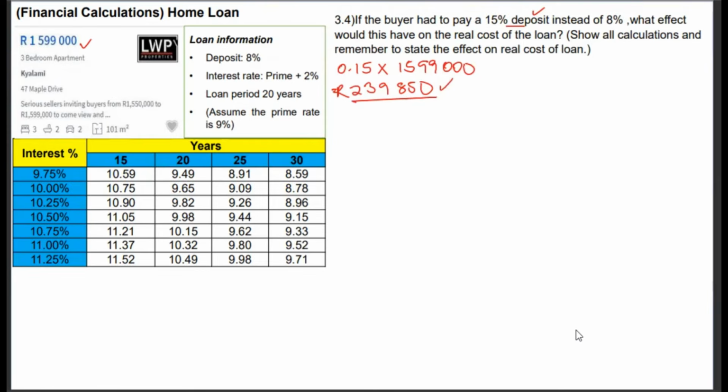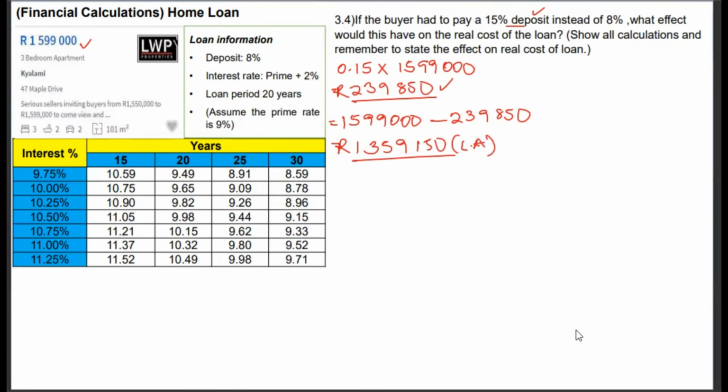We shall look for the loan amount, which is going to be the money the guy is going to take, the cash money minus the deposit that you've just got. Which becomes 1,359,150 rands. This is now the loan amount.